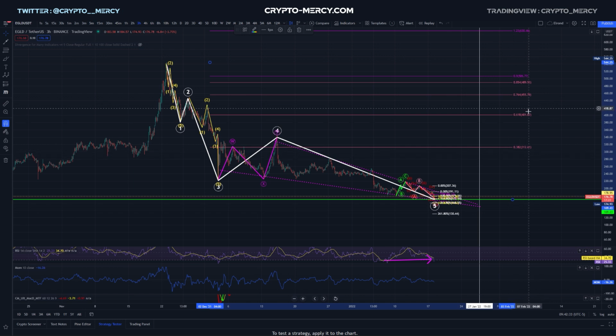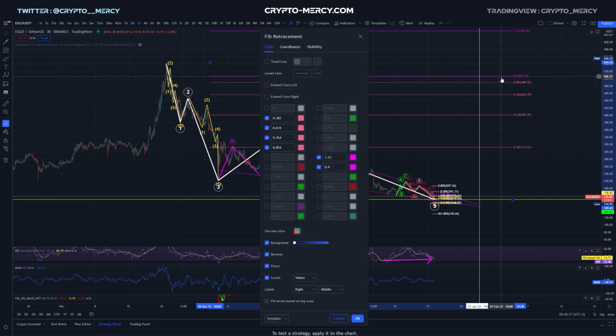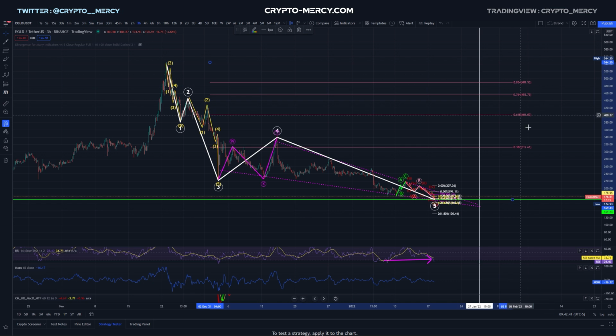312.61, 401.7. They are all possible, but the 0.9 and the 1.23 are not possible, which means 312.61, 400, 455, and 489 would be possible targets for B wave, which means this is gonna do something like this.